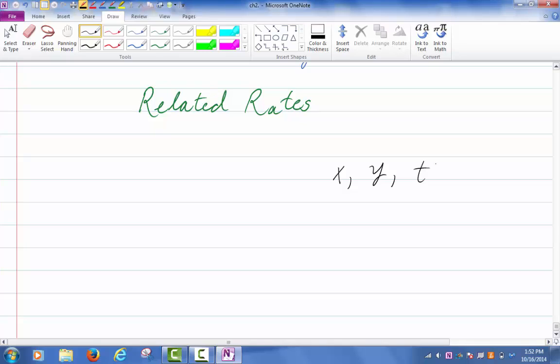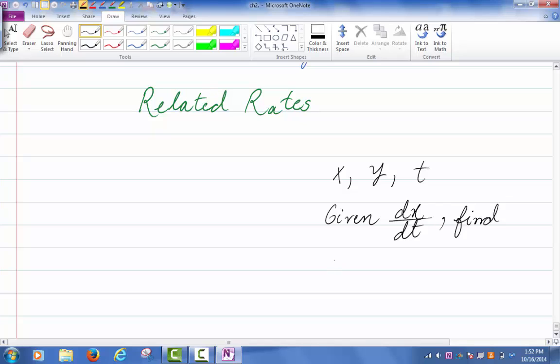Now, in all these questions, you will be given the rate of one of the variables. You will be given the rate of x. The rate of x means the rate of change of x with respect to time, which is the derivative of x with respect to time. So usually you are given one of the rates, and you need to find the rate of the other variable.